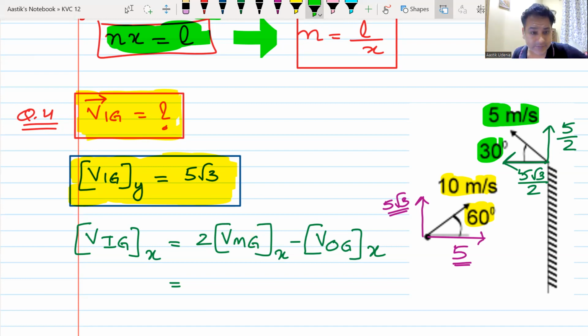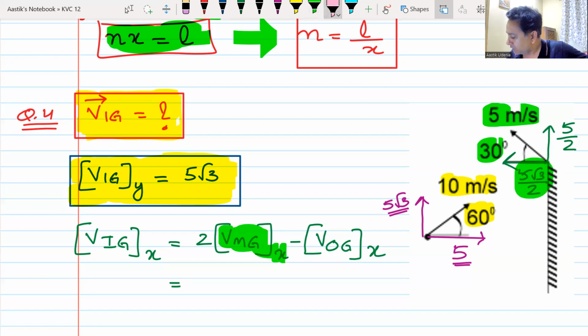Can you tell me if I put the values, what will happen? Velocity of mirror with respect to ground's x component is here in green. Velocity of object with respect to ground's x component is here in pink. Right in front of your eyes. Minus 5 root 3 minus 5.